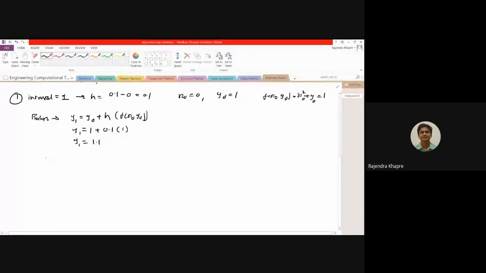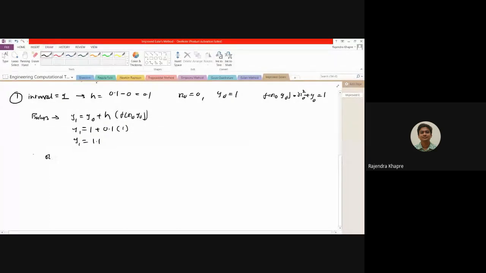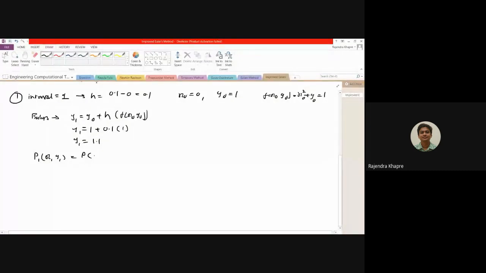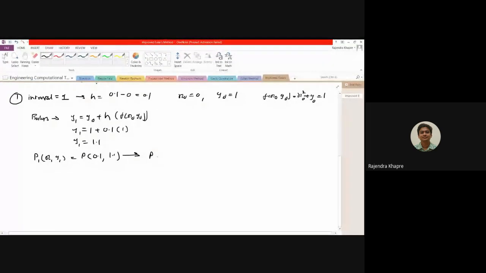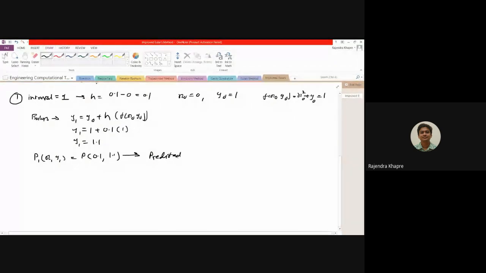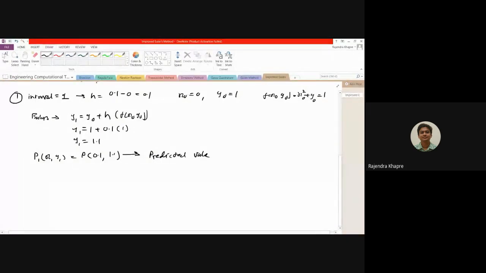So you have already calculated the p1 value as x1, y1, where x value is 0.1 and y value is 1.1. So this is the predicted value.